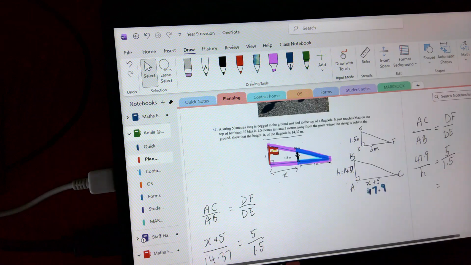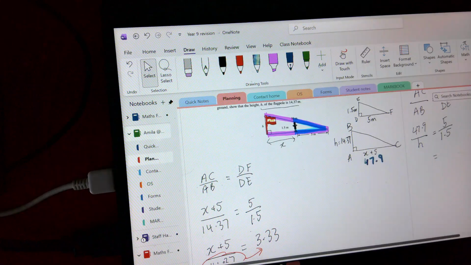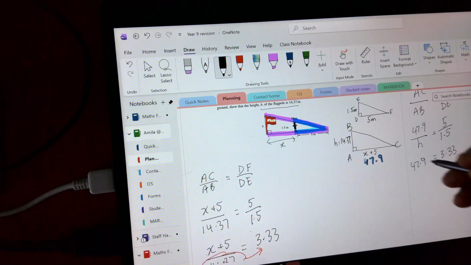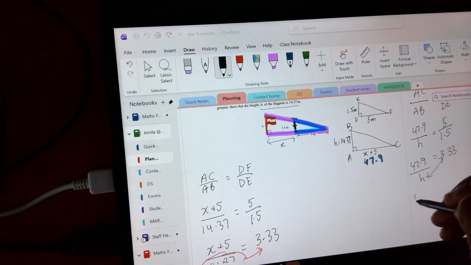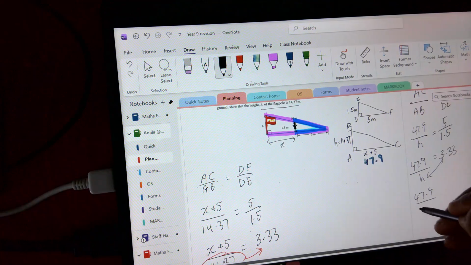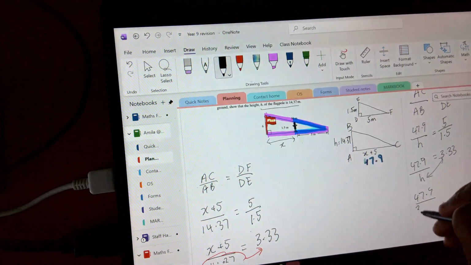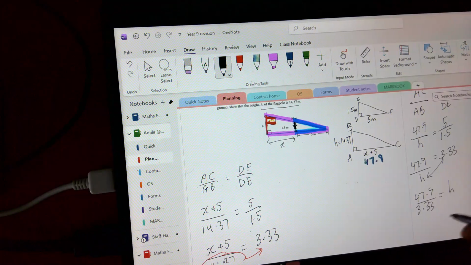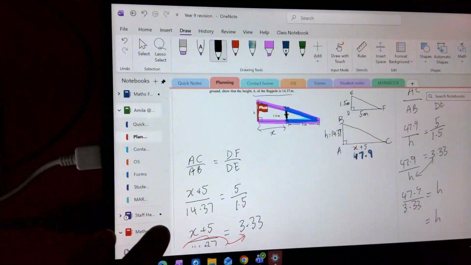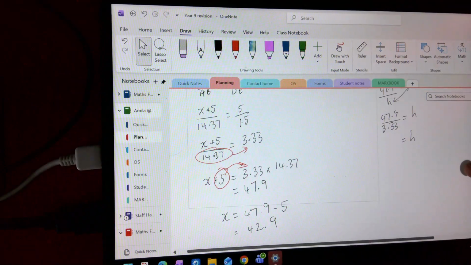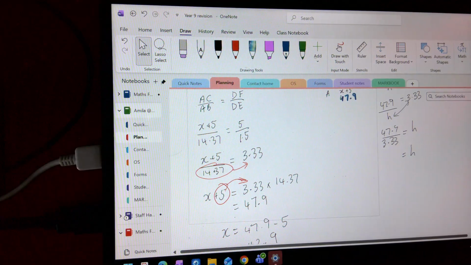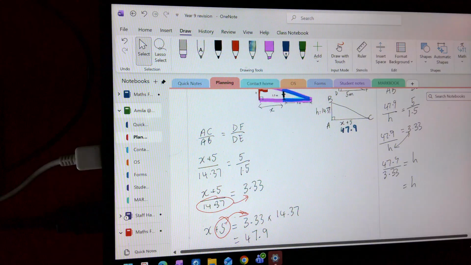That's 3.33. That's going to be equal to 47.9 divided by h. h is on the bottom, so I'm going to switch these two over. So 47.9 divided by 3.33 equals h. Now if I do this calculation on the calculator, I'm assuming I should get 14.37 as the answer.